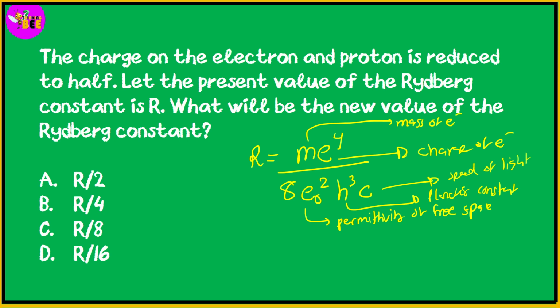Now the question they've given us that the charge on the electron and proton is reduced to half.